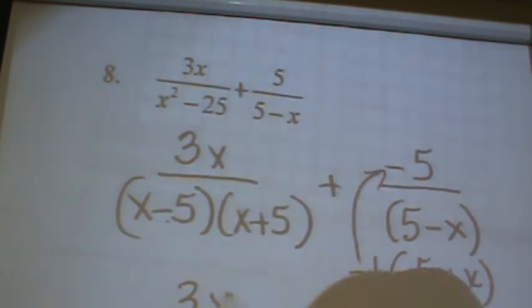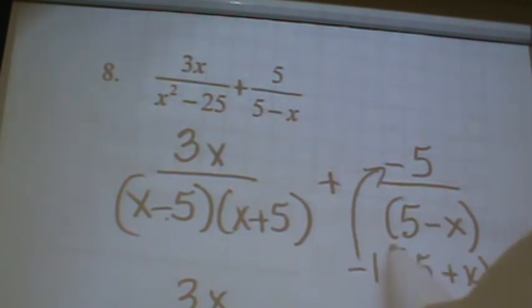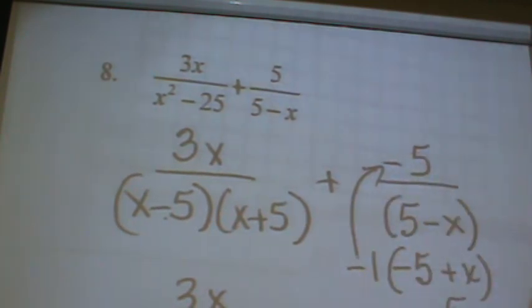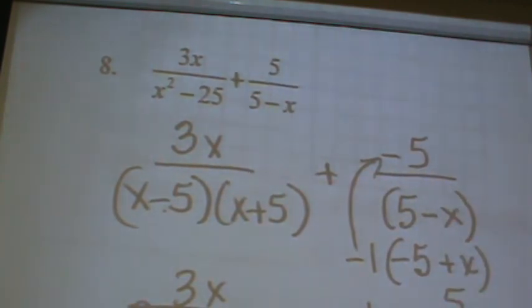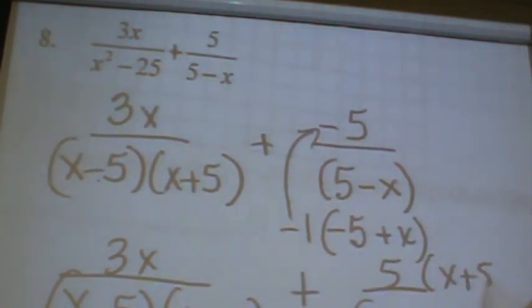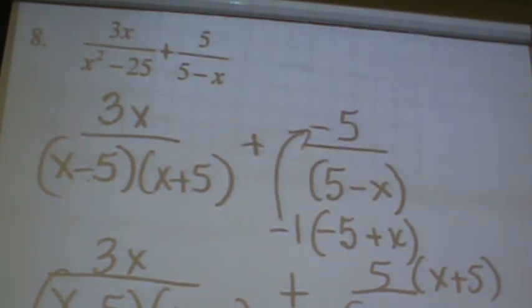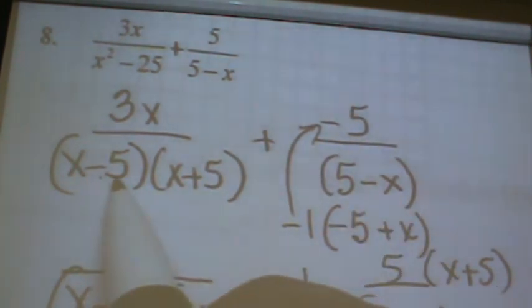So I've got 3x over, plus, this is going to be a positive 5, and this is really x minus 5. That way, I can just multiply this top and bottom by x plus 5. See, this is twisted, it's that one right there.